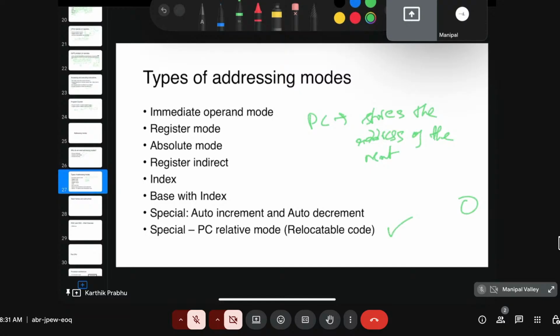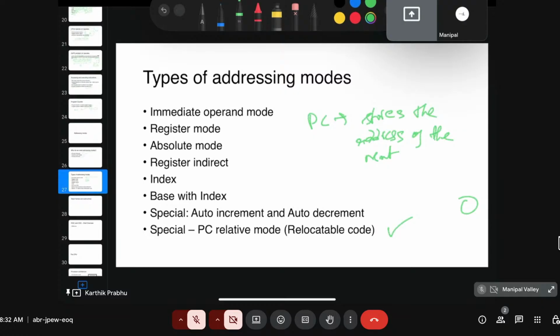So then anytime we want to shift the program to some other location, we don't need to change the physical address of that program every time. Basically, that's the whole idea of program relocation.